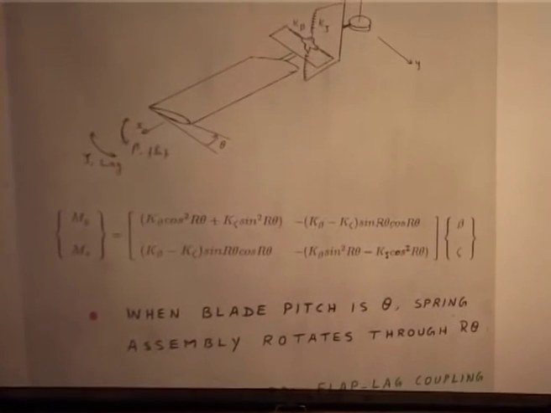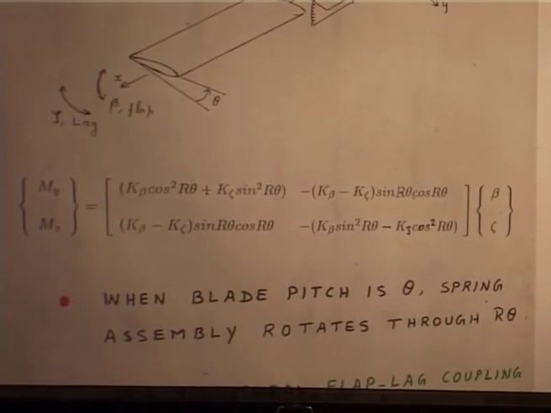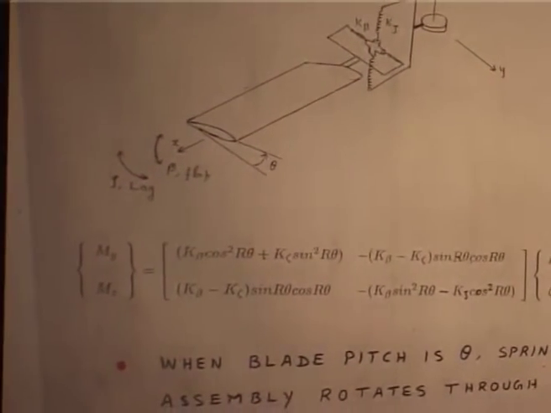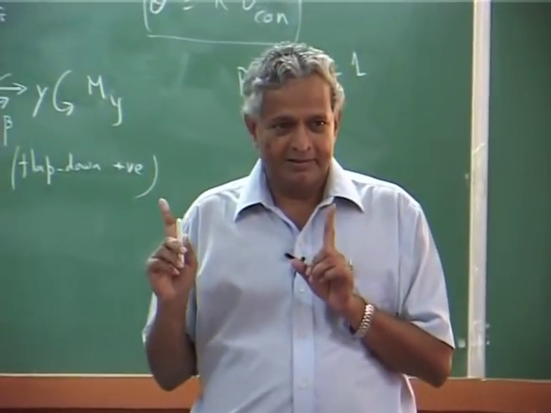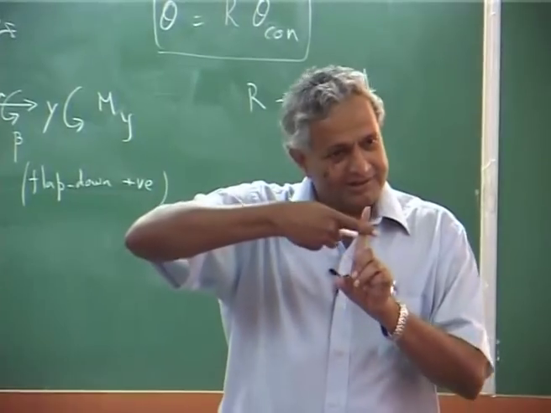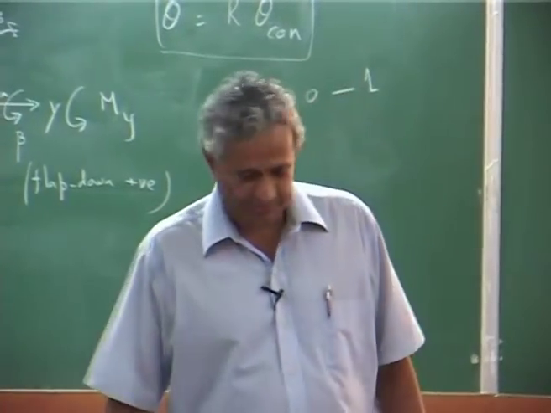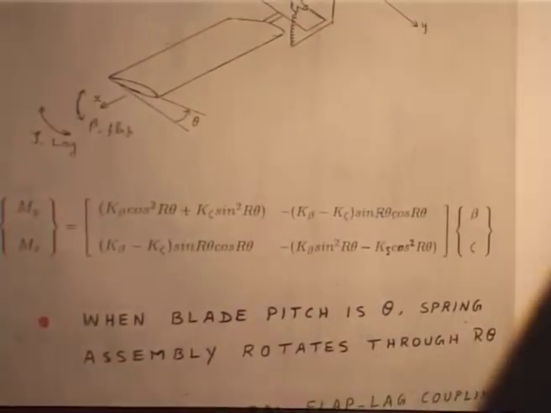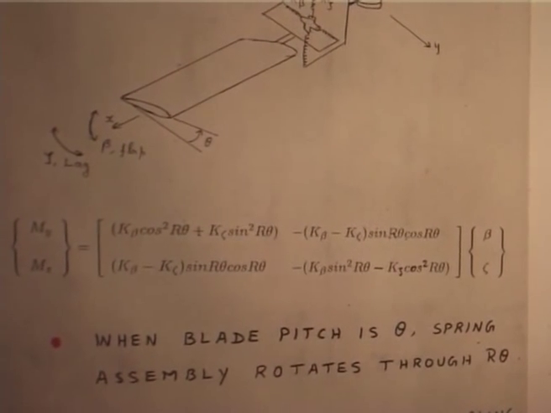So, an experimental setup was made with coincident flap lag springs, so that the blade is made rigid, and they rotated it and then studied, and then the data was given for correlation, okay. So, those data I don't know whether I have for some problems, but not for all the cases, okay.